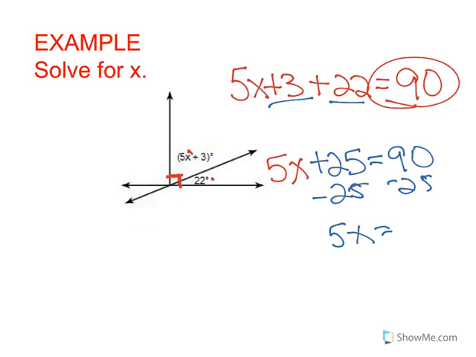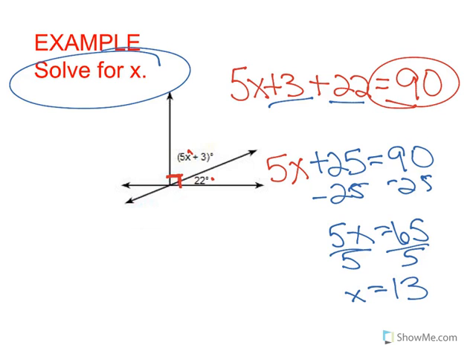5x equals, again, not trusting my brain today, 65. Divide everything by 5, and x equals, that's 15, right? 13. I'm okay. See, this is why I don't trust my brain. 13.